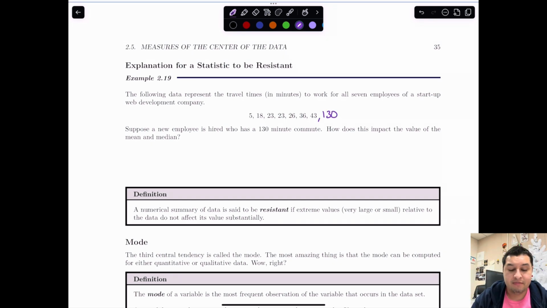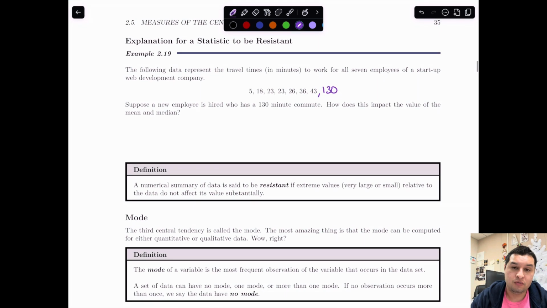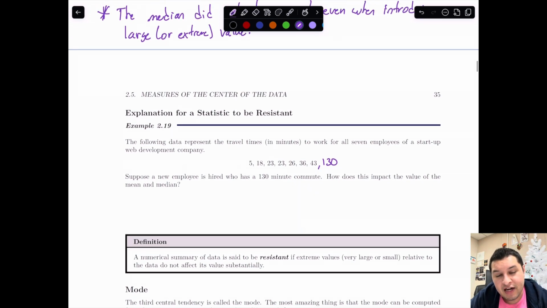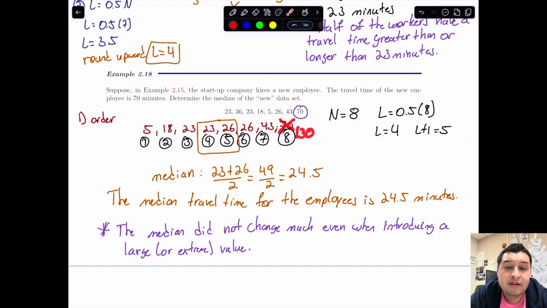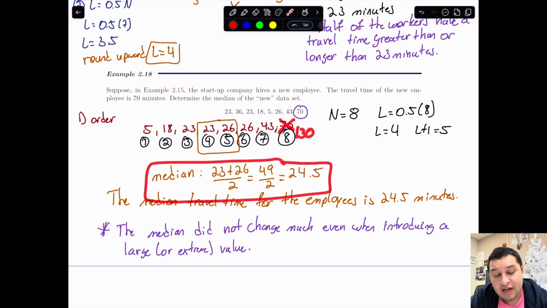And now we have to find the median, and we're also going to do the mean and find both of them. In case you don't realize it, if I add 130, it's like changing this 70 right here to the number 130. I didn't even use the number 70 at all in my calculation of the median. It doesn't matter what this number is, as long as it's more than 43, it doesn't change anything at all.